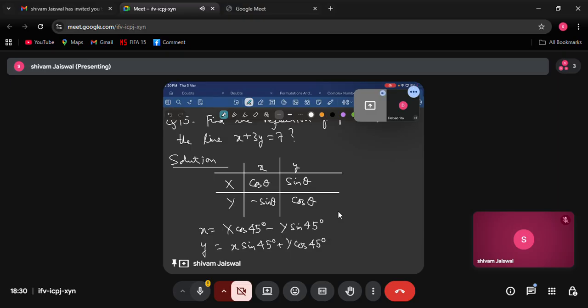Tell me, I'm finding the old coordinates. Old coordinates we have to substitute. This will give us how much? X minus Y by root 2, and this will give us X plus Y by root 2.